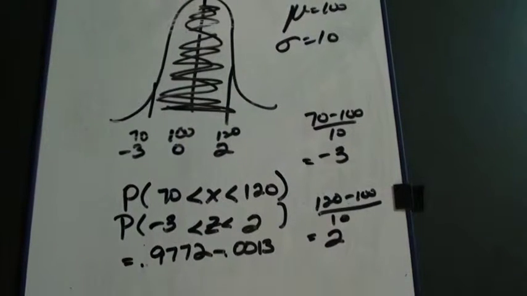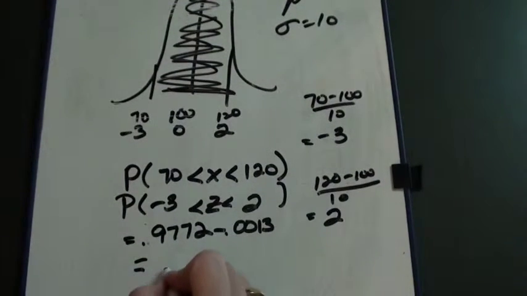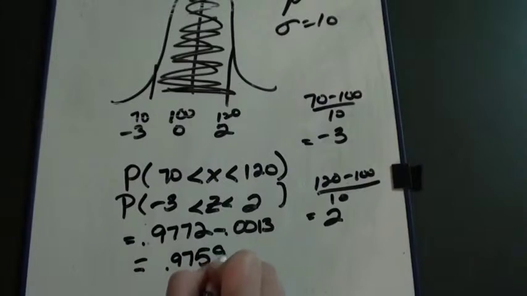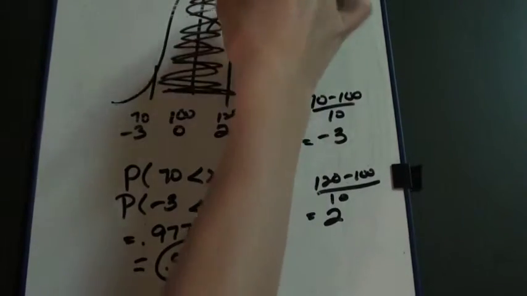We'll do 0.9772 minus 0.0013. And this will give us an answer of 0.9759. And that's the probability of being between those two values.